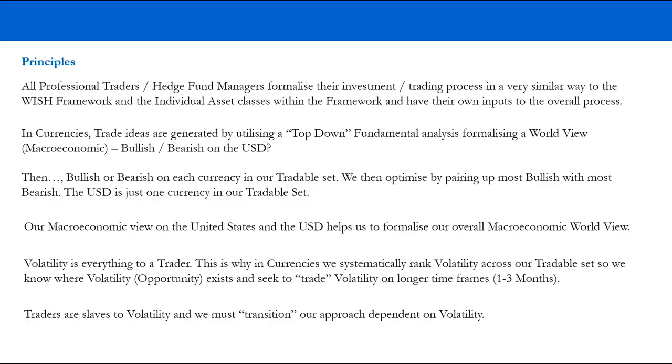Then we can become bullish or bearish on each currency in our tradable set because we can apply the same endogenous analysis to every single currency in our tradable set. And we end up with a fundamental predisposition of whether to be bullish or bearish on a particular currency in the same way that we did with the US dollar. And then what we do is we optimize by pairing up the most bullish with the most bearish.